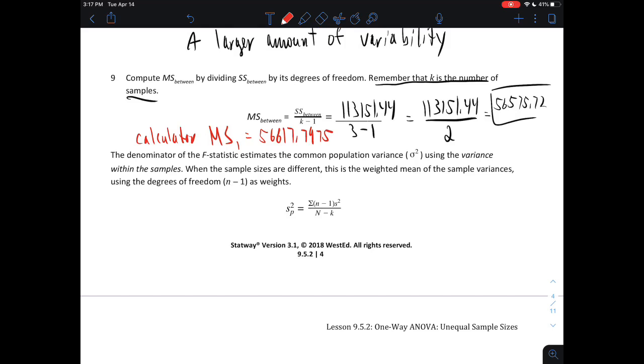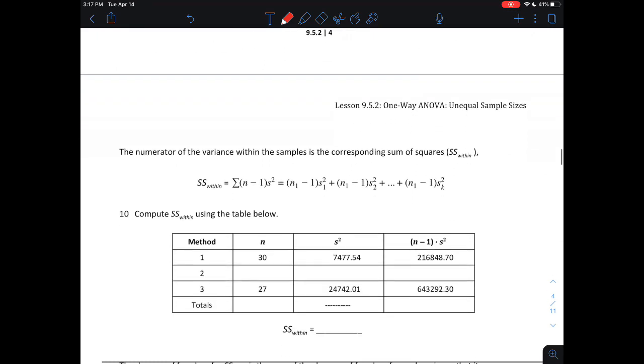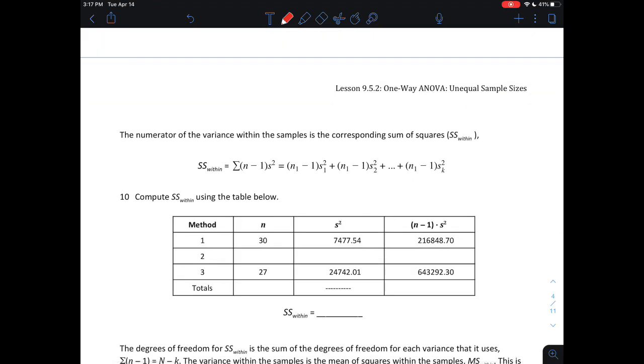So here is what we saw actually in a previous lesson. S sub p squared is equal to the sum of n-1 times s squared divided by capital N minus k. The numerator of the variance within the samples is the corresponding sum of squares, SS within. This is going to be SS2 from the ANOVA function.